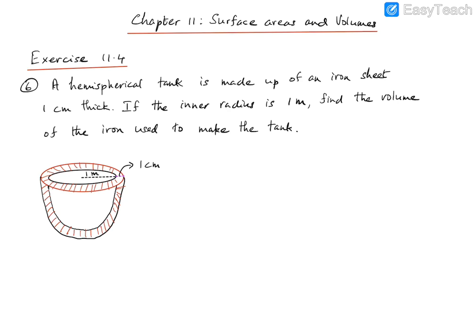So let us first write down what is given to us. We'll write here given is the inner radius as 1 meter. We are also given the thickness as 1 centimeter. We'll convert that centimeter to meter, so we'll have it as 0.01 meter. And from this we can now calculate the outer radius.